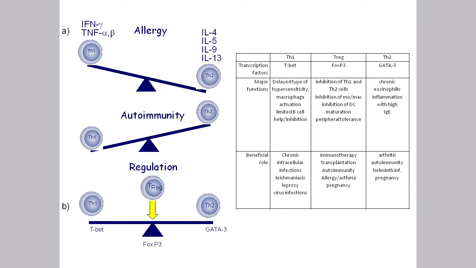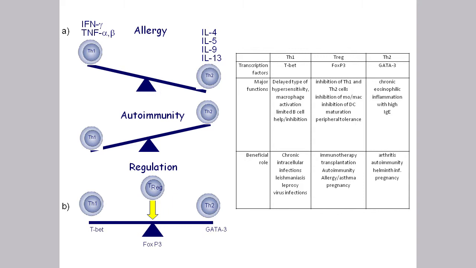So the balance is tipped in a direction where you get an allergic type inflammation in your airways. Whereas in autoimmune disorders, the one below that, the balance is tipped in a different direction. As you can see, the substances IL-4, 5, 9, and 13 are made less, but substances like interferon gamma and TNF-alpha and beta are made in more excess.